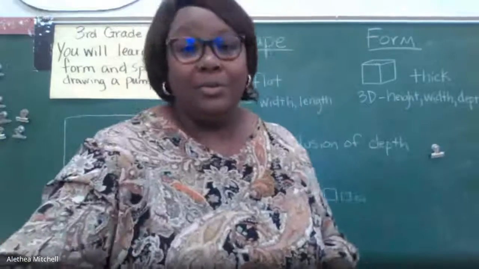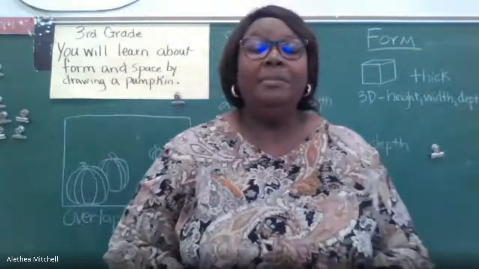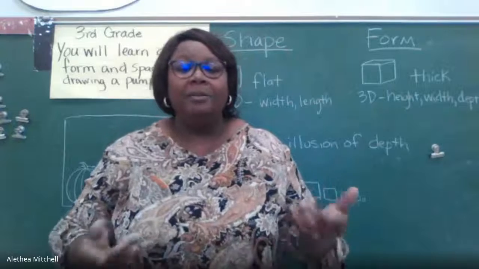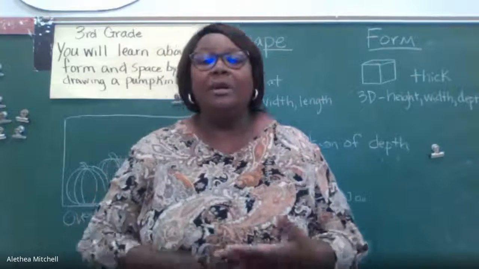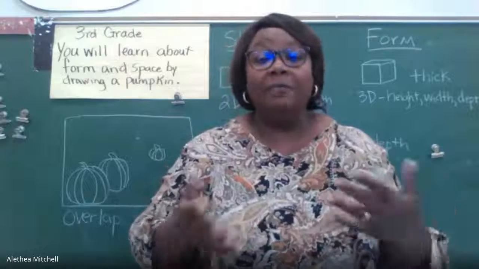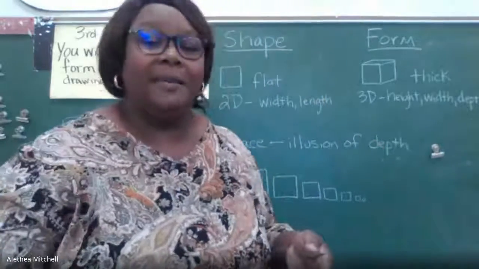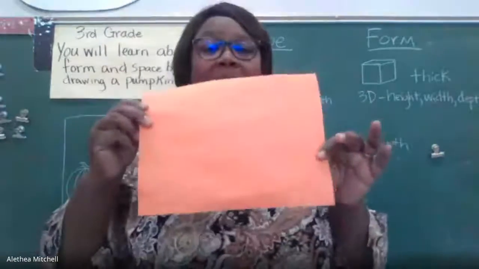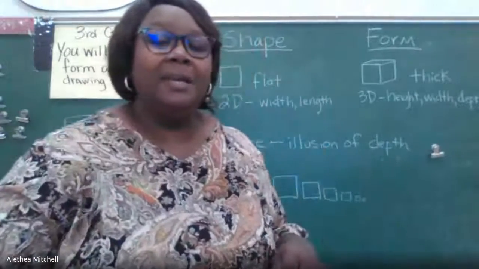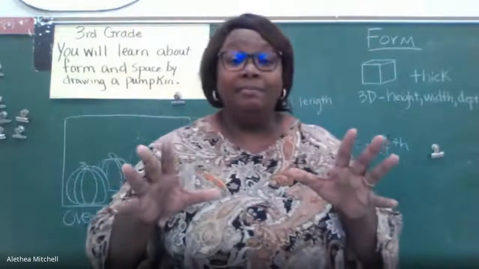For this drawing activity, you're going to be using crayons or color pencils. Also, you need to understand when it comes to dealing with a drawing, drawings are two-dimensional. They're flat. A sheet of paper is thin. You see paper all the time. This is construction paper. It's thin and flat. That particular thing is a shape.